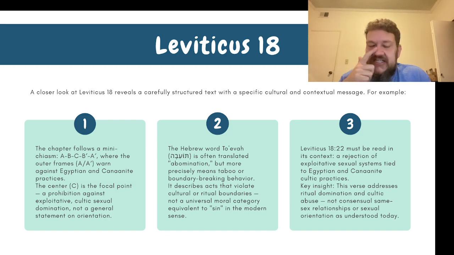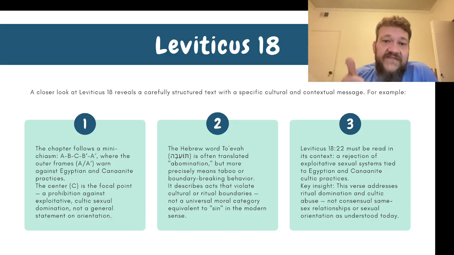So Leviticus 18:22 calls such acts toeva, saying, do not imitate the exploitative sexual cult practices of the other nations. And it is not addressing a loving, mutual, consensual, same gendered relationship.